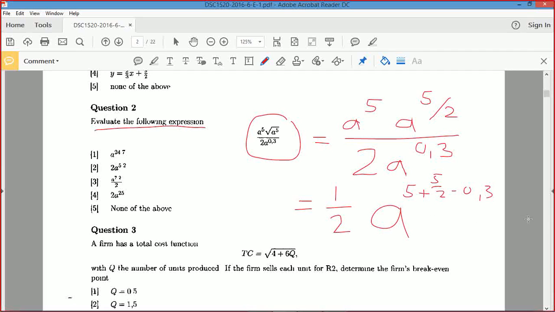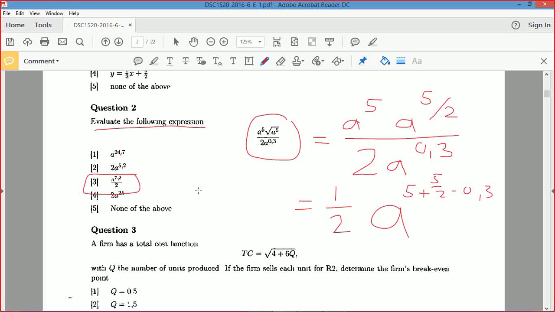If you do that on the calculator, you get 7.2. UNISA doesn't tend to put a comma here, so there are missing commas, but there's supposed to be a comma there, 7.2. Because 5 plus 5 over 2 minus 0.3 gives you 7.2.